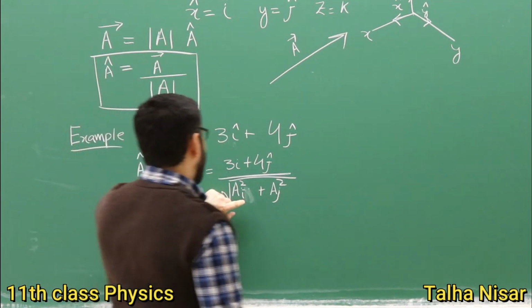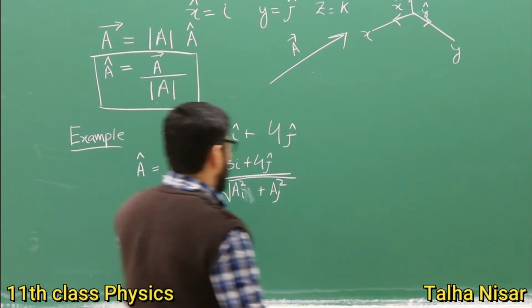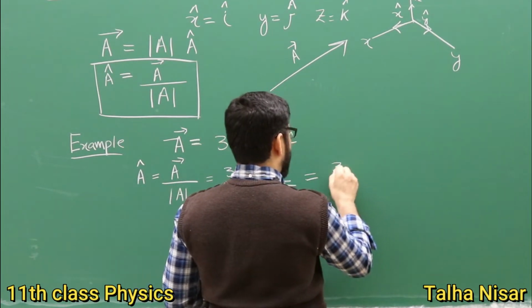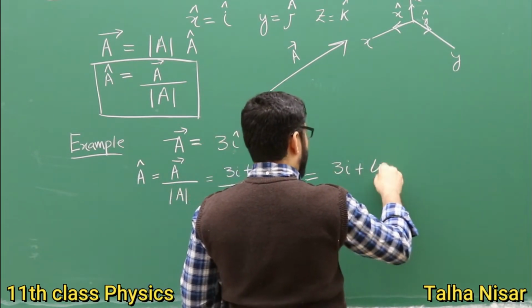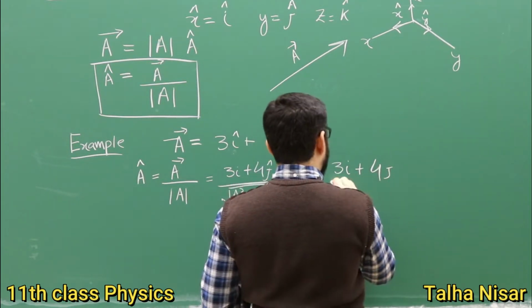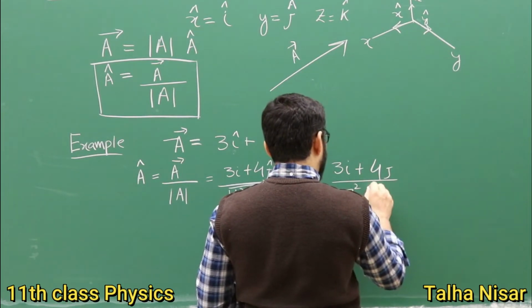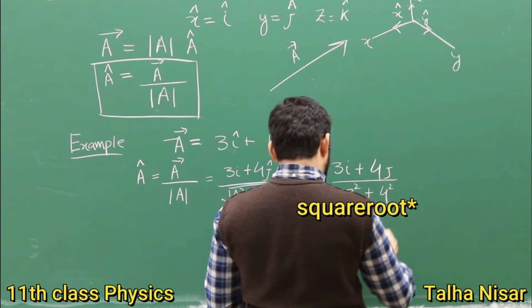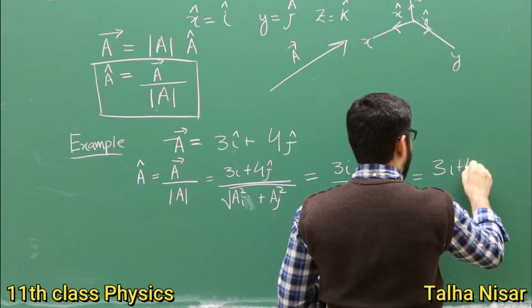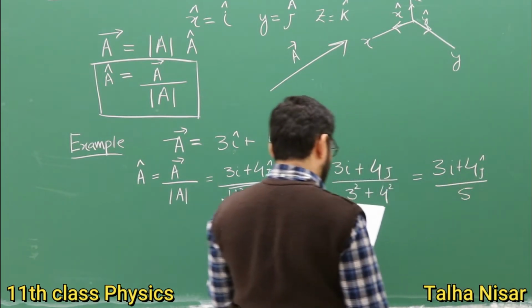This is just the example. So ai is 3, and aj is 4 here. So we get 3i plus 4j divided by the square root of 3 squared plus 4 squared, which is 3i plus 4j divided by 5.